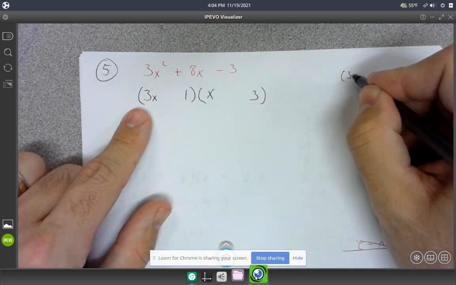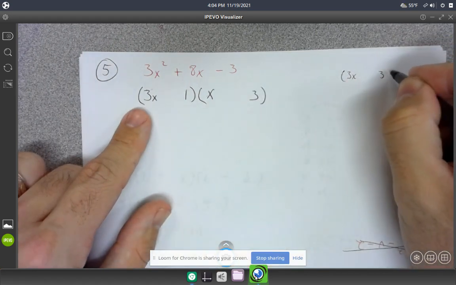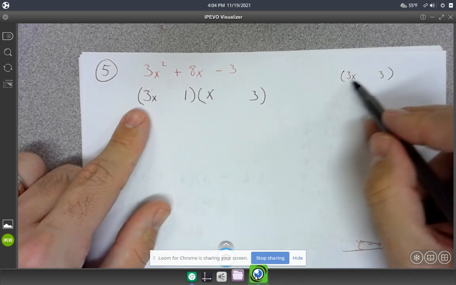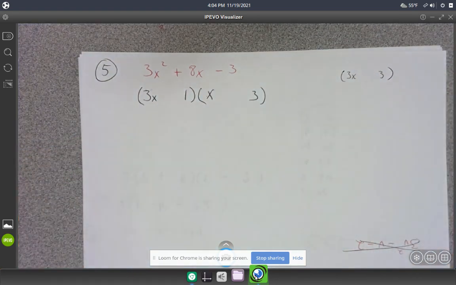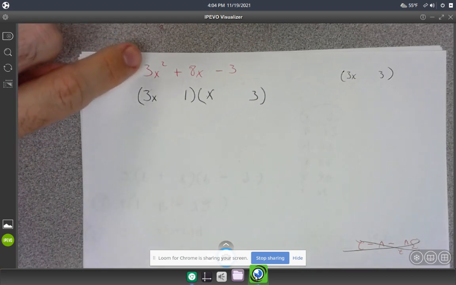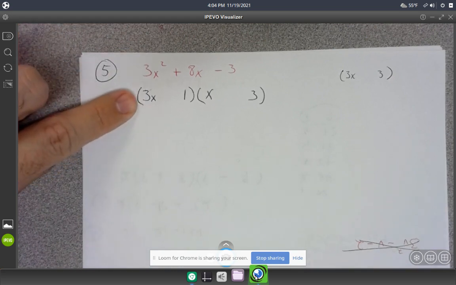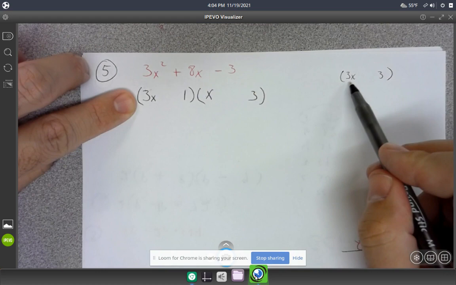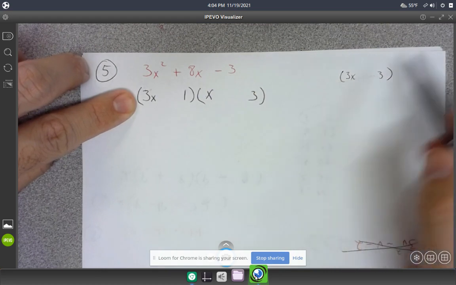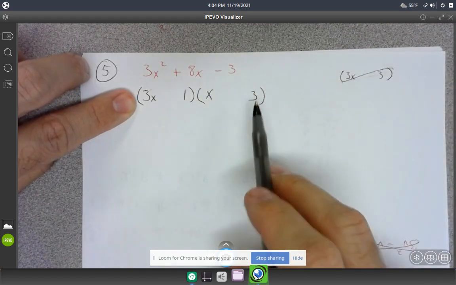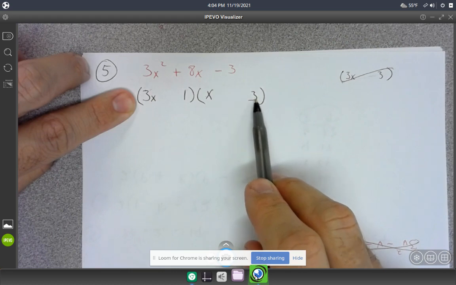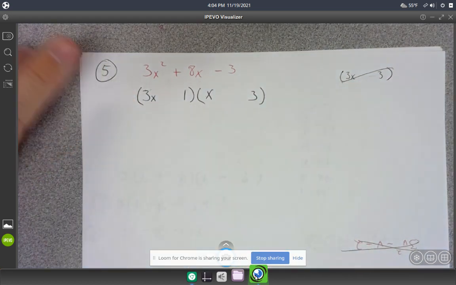Like, if I had placed the 3 with this other 3, they would have a 3 in common, which means they would have something in common. And that can't be true, because if this doesn't have anything in common, then down here these factors won't have anything in common. That's why I knew this 3x with the 3 was impossible. So that's why I knew to put my 3 over here instead of over here.